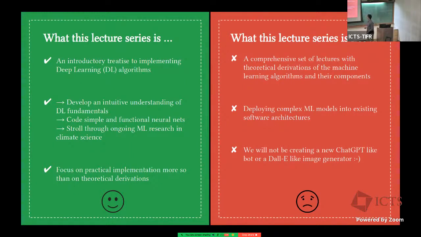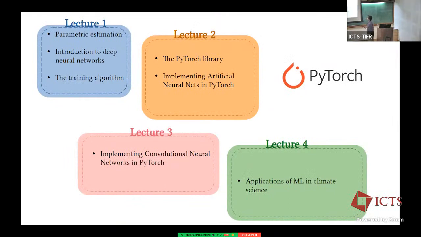work. Now, just to provide a brief outline of the lecture series, the first lecture, which is this, we will discuss the parametric estimation problem and how it's related to the whole neural network problem, and how you can go about thinking of neural networks as parametric models. And then we'll go through an introduction to what deep neural networks are and how you can train those neural networks.